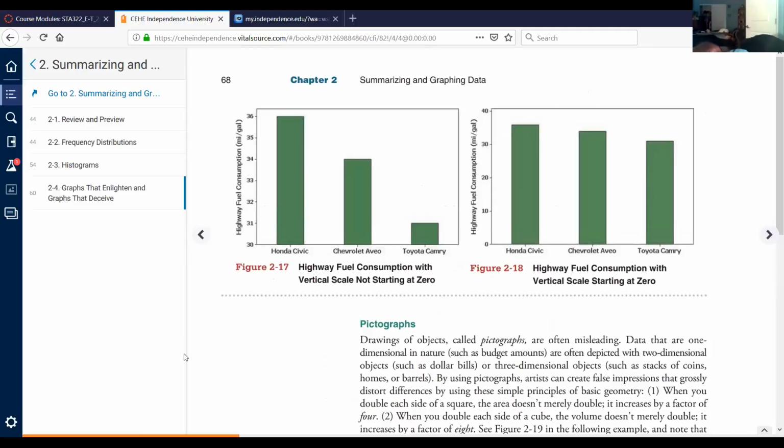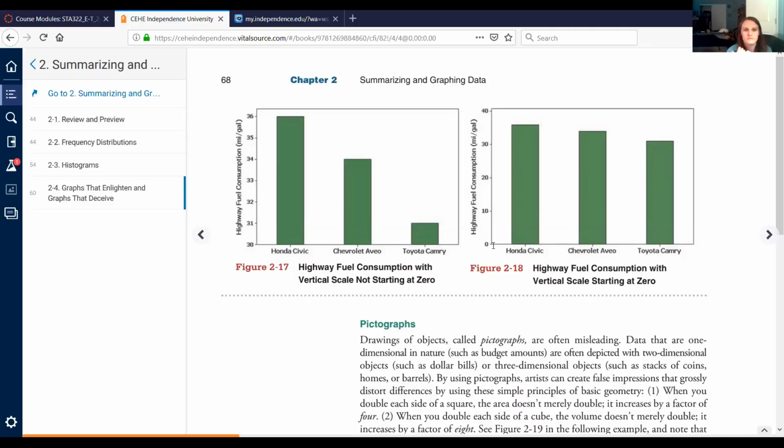Okay. Now let's take a look at how this can be misleading. If we take a look at this figure here, we're looking at highway fuel consumption for 3 cars, a Civic, an Aveo, and a Camry. And it really looks like the Civic is really, really killing the other two, because we started at 30 miles to the gallon.